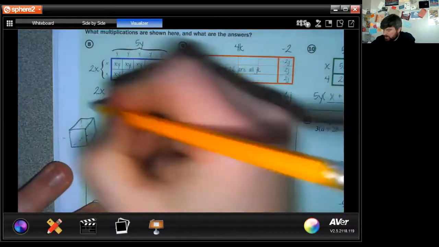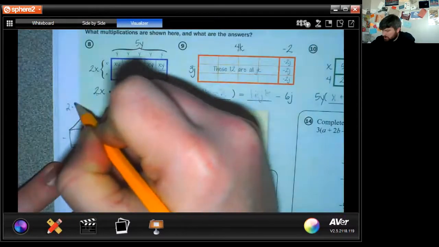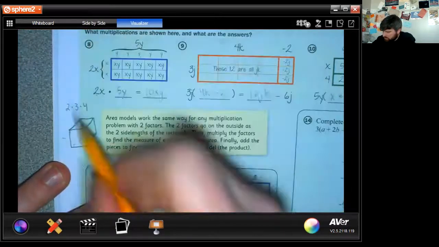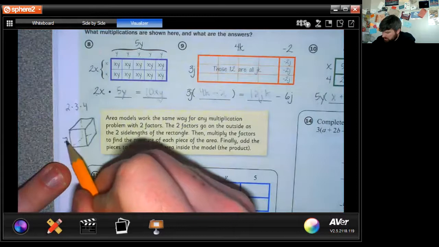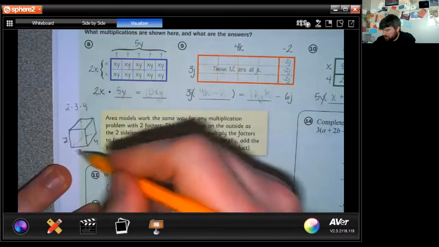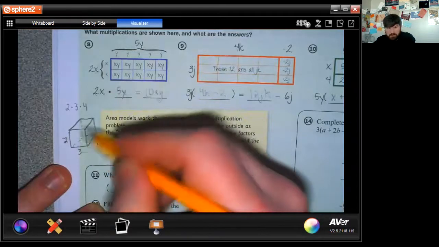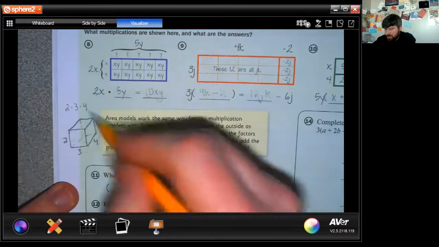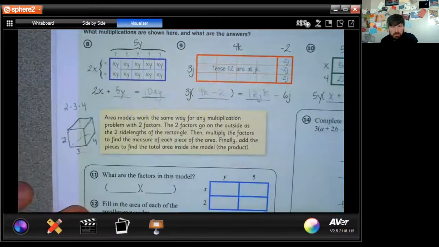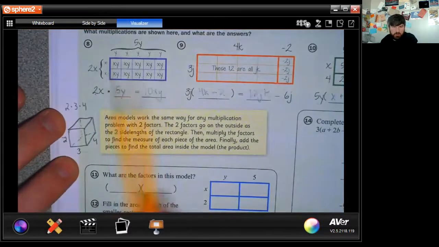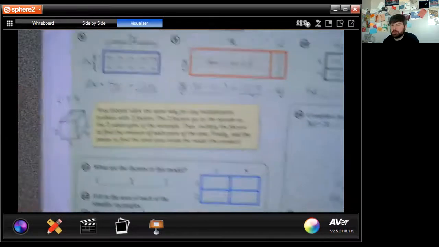So if I want to take like 2 times 3 times 4, one side would be 2, 3, and then 4, and you'd have to multiply all those together to get the stuff inside. That's some higher level stuff. We're not there, but I just want to show you that even if I have more than one term, I can keep using this area model to help us out.